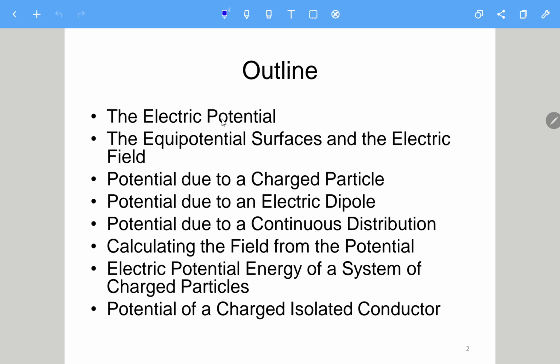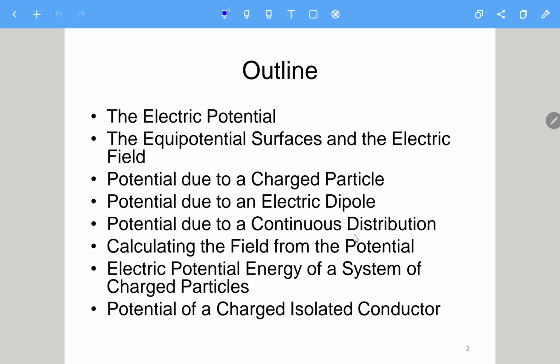Okay, in this case, we introduce another variable called electric potential, which is related to the E field. Actually, at the end of the chapter, there will be an elegant equation to relate the electric potential and the E field. So here we will try to calculate the potential, and then we will also calculate the field from the potential.